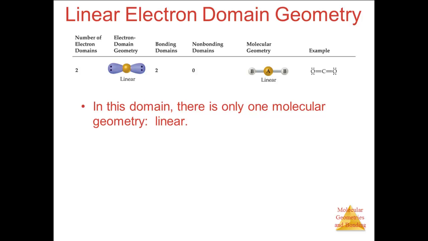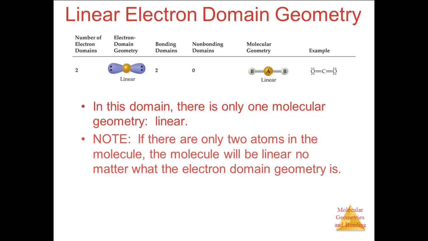We begin with the linear domain geometry with 2 domains. The linear electron domain geometry has only one possible molecular geometry, linear. Any molecule with only 2 atoms must be linear, regardless of which electron domain geometry is present, since 2 points determine a line and you only have 2 points.